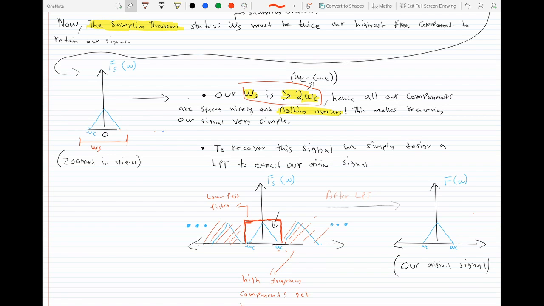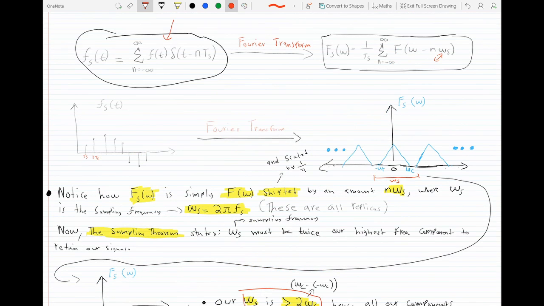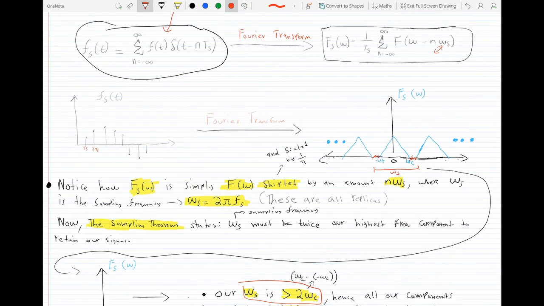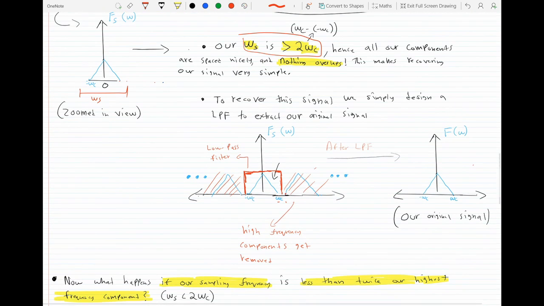And when they are spaced apart nicely, for example in this case, there's nothing in between here, right? Nothing's overlapping. When they're spaced apart, we can recover our original signal using a low-pass filter. And this is a very, very easy thing to do. All you would have to do is match the parameters of your low-pass filter to meet the bandwidth of your signal.